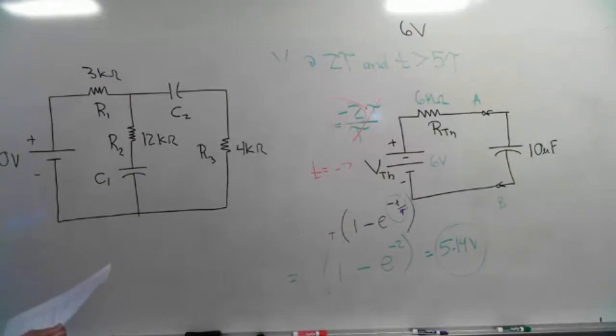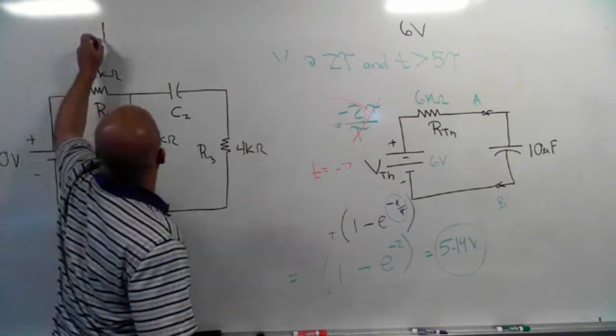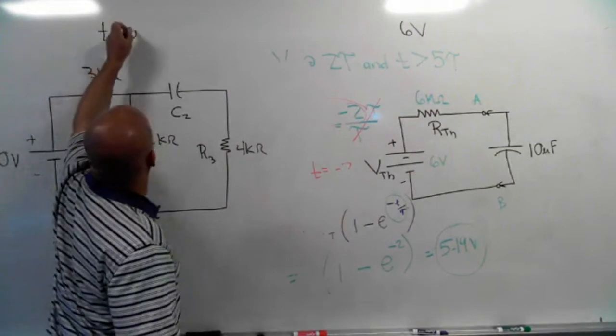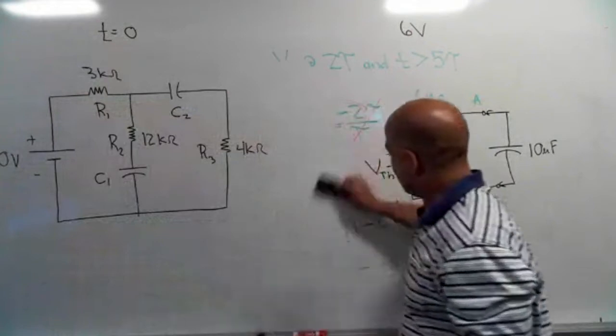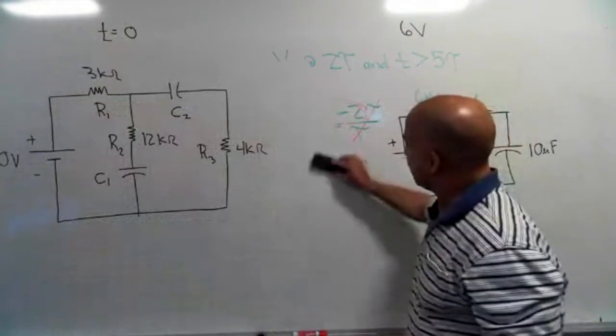I'll put the circuit up here twice and we're going to do it for each time. They want you to figure out the voltage across each resistor at t equals 0. This is the circuit I'm going to solve for t equals 0, and I want to repeat that on this side, and this will be the other time they want us to look at.